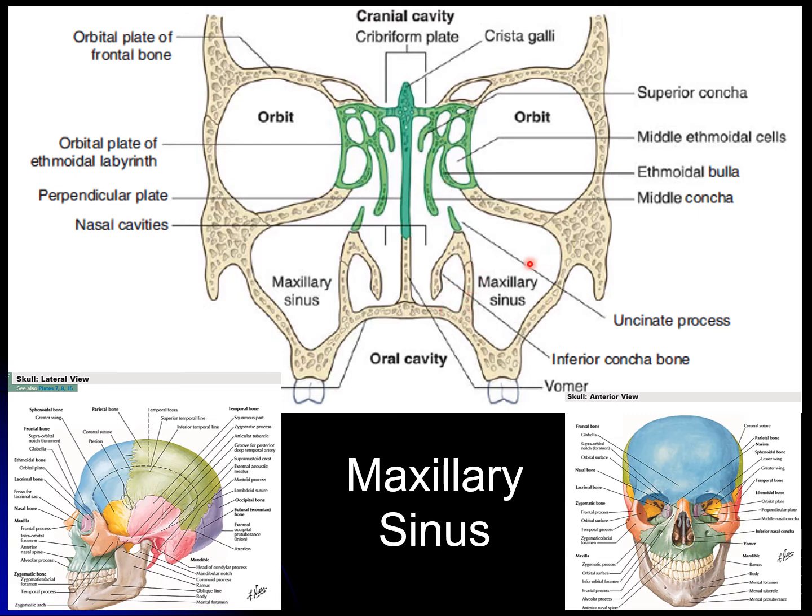The roof is formed by the floor of the orbit, and the floor is formed by the second and third premolar teeth. So: apex toward the zygomatic bone, base toward the lateral wall lower part, roof formed by the floor of the orbit, and floor formed by direct contact with the alveolar sockets of the maxilla, which contain the premolar teeth.